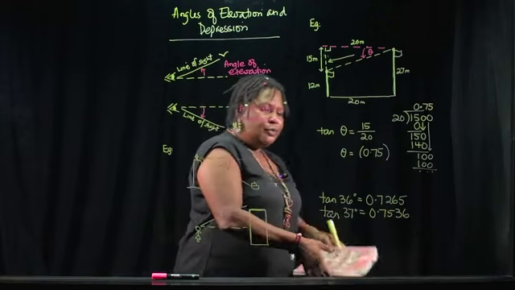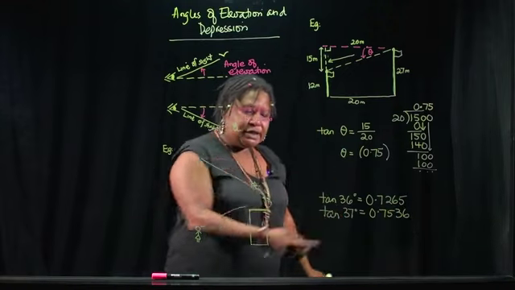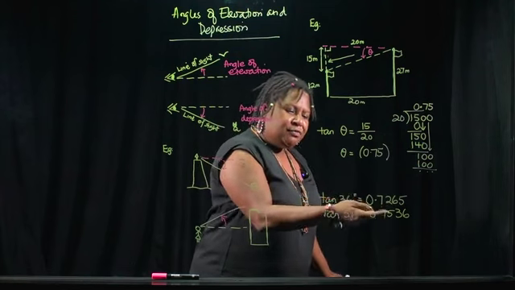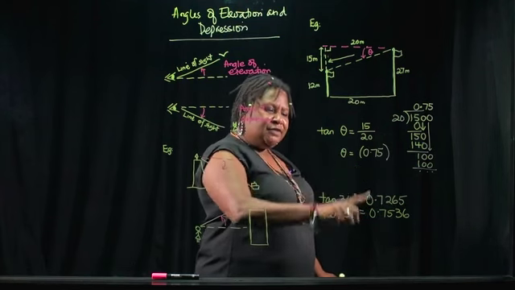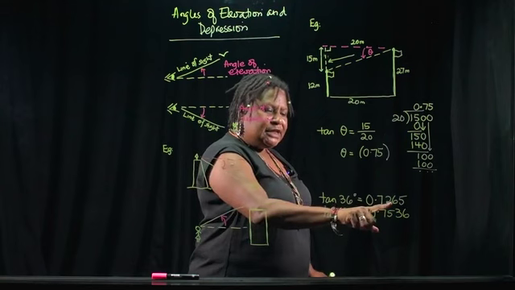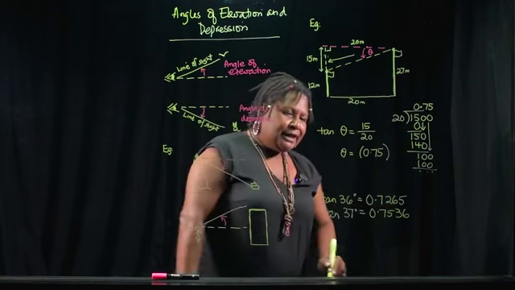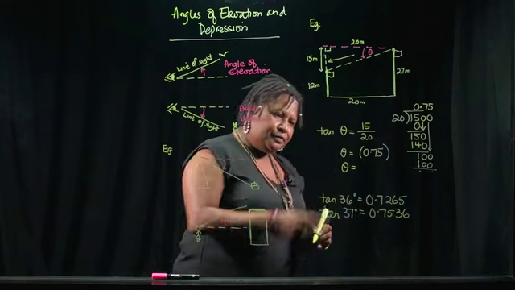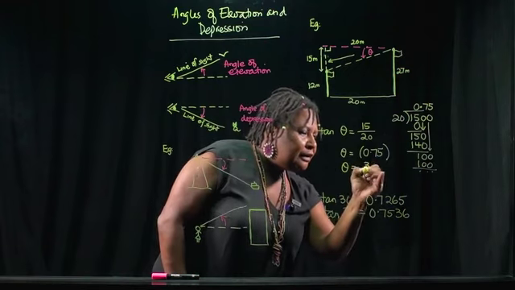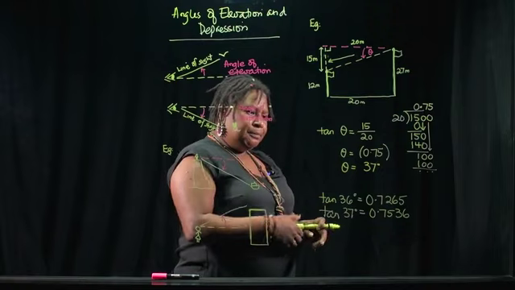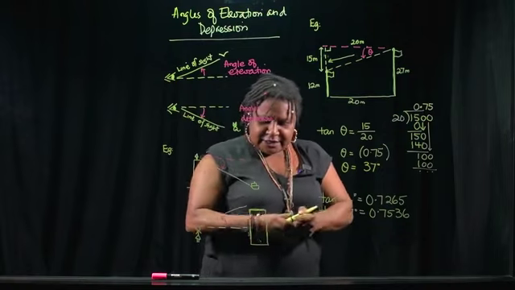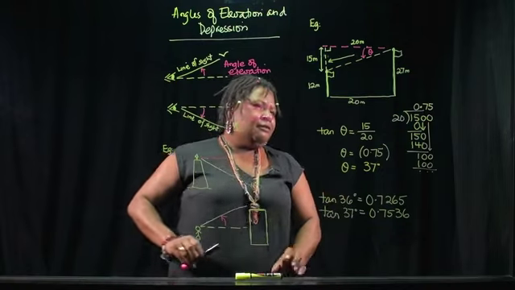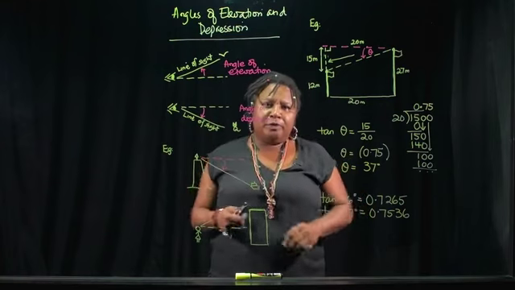So the closest tangent value to 0.75 is not 36, it will be 37 degrees. So the value of theta is 37 degrees. Right, so we go back to our problem.